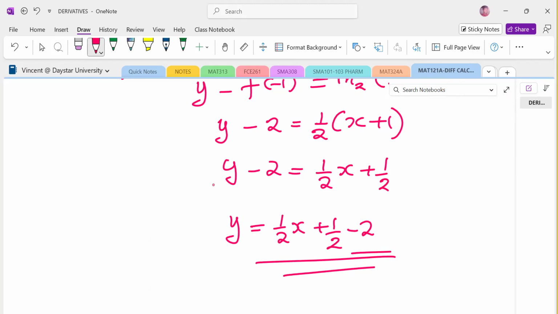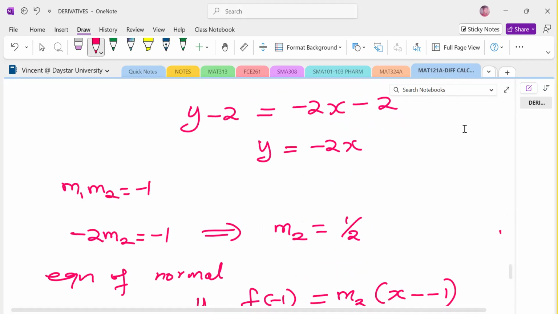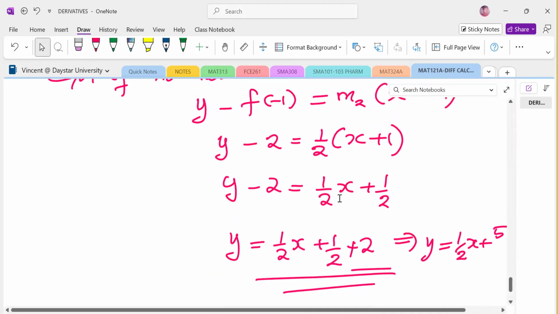This will be plus, not minus. So a half plus 2. Is it 5 over 2? When you put them together? Yeah, I guess something like that.